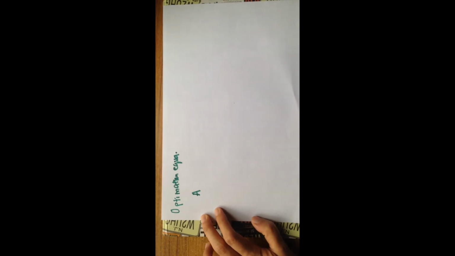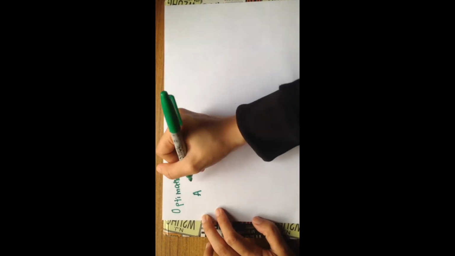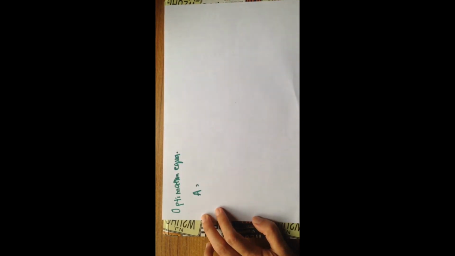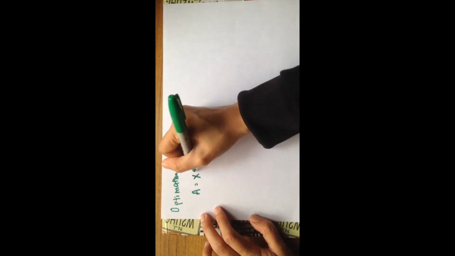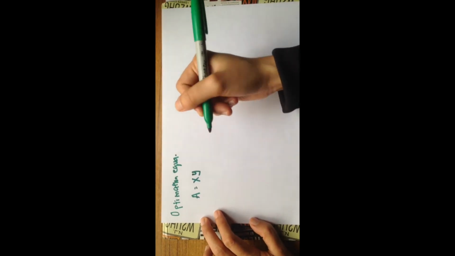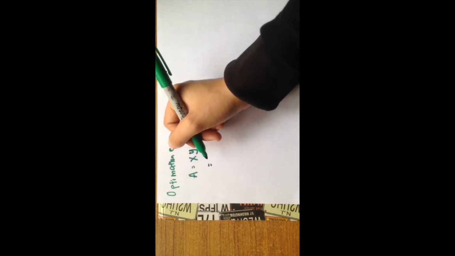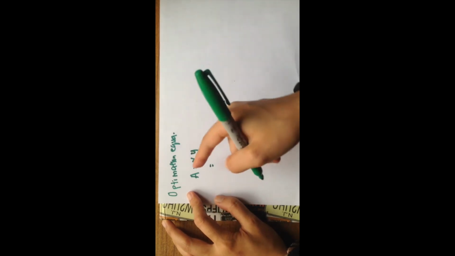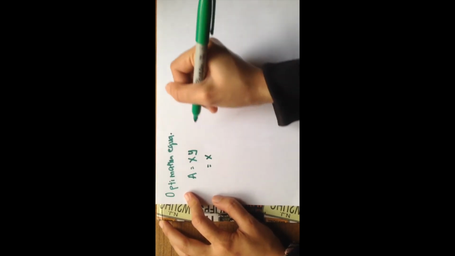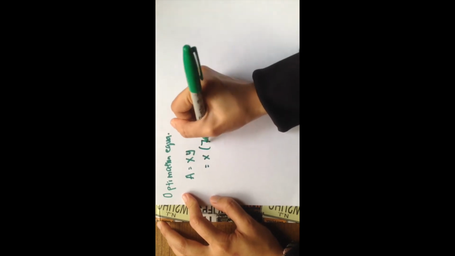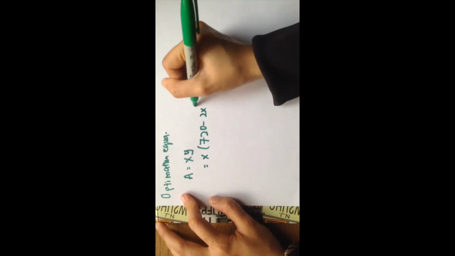Next, for the optimization equation, the formula of the area is x times y. Sorry, it's not 2x. x times y, and the value of y we get is 720 minus 2x.